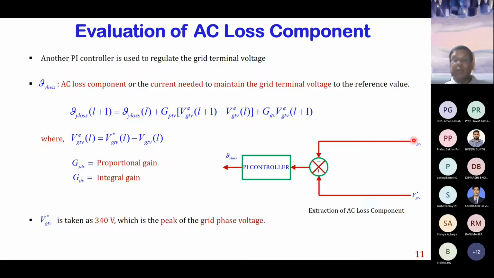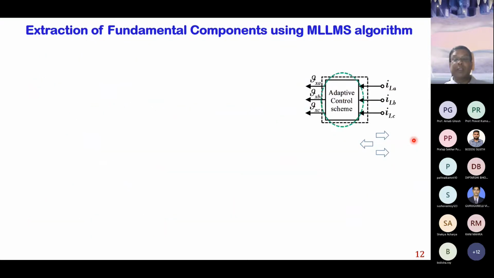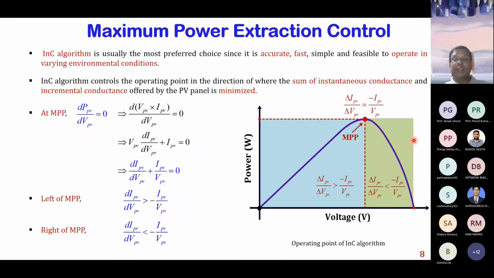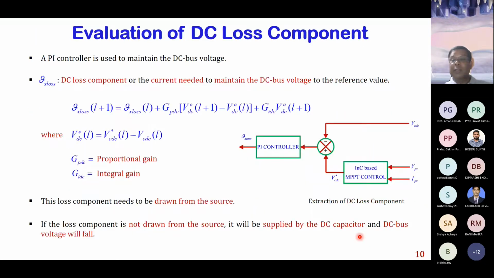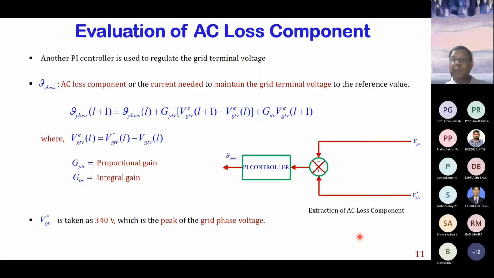And VT, as I told you, we can measure here, the VT, and then from here we get the AC loss component reference. So we compare these two and get the error signal.